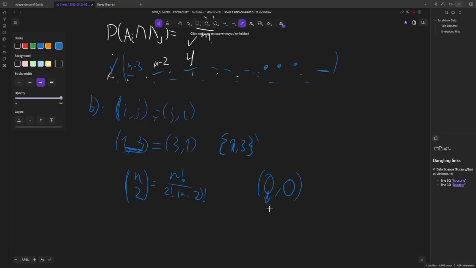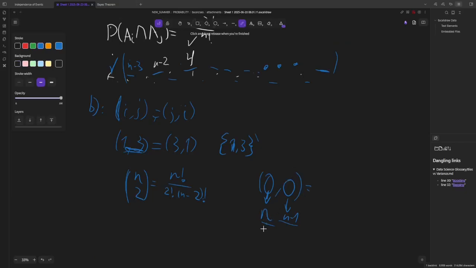The first one is n, and for the next one, n minus 1. Since these are different, this pair will represent both.